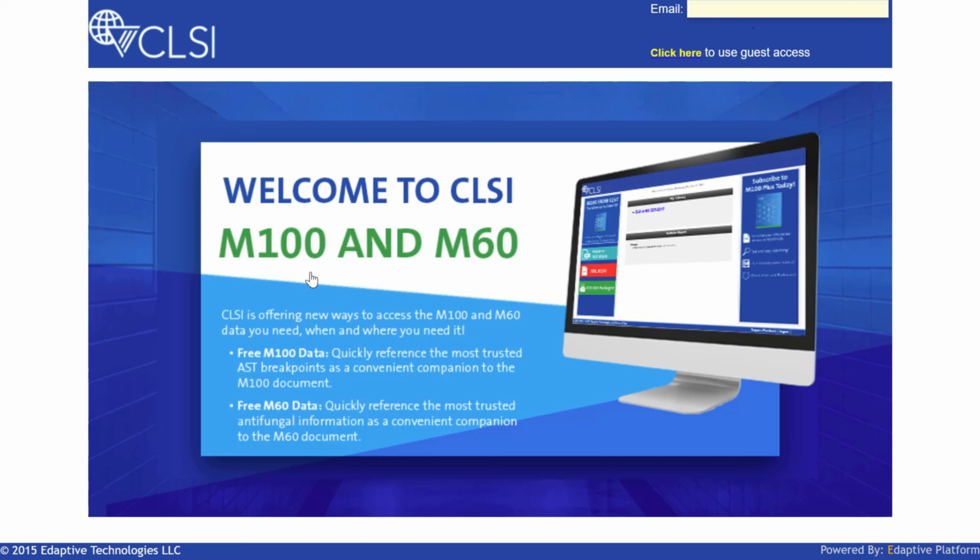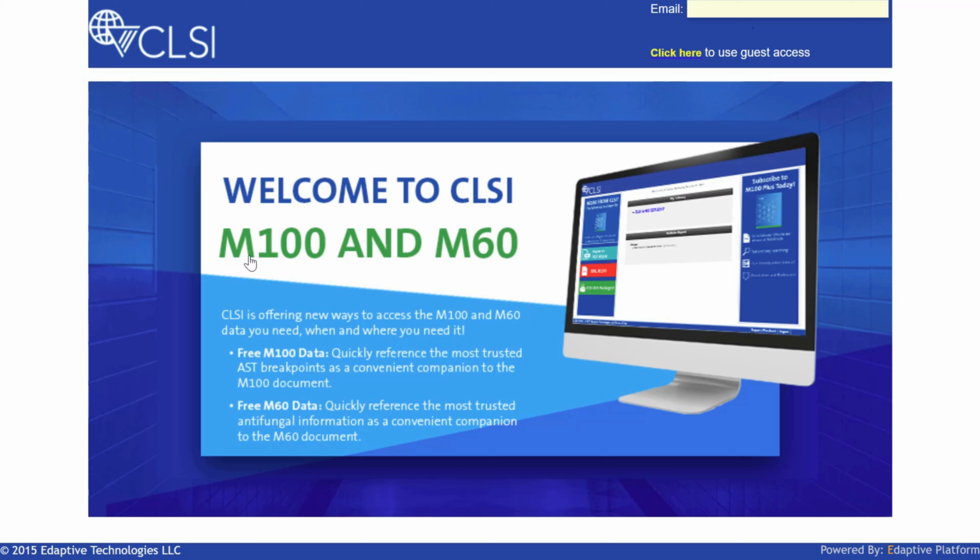If you click the link, you will go to CLSI's website where they host the M100 document. The M100 document is the one that has interpretive criteria for all antibiotics. So it doesn't have antifungals or antivirals. It's specifically for gram positive and gram negative organisms.